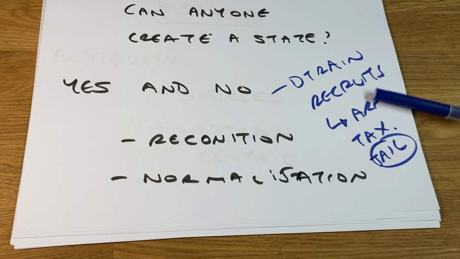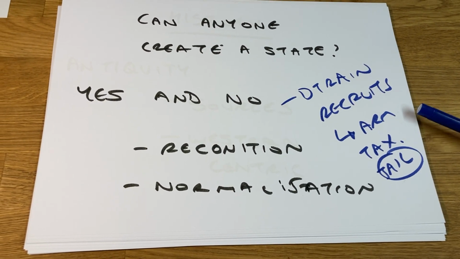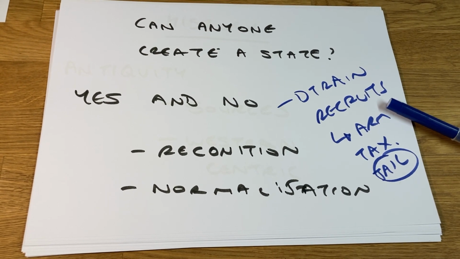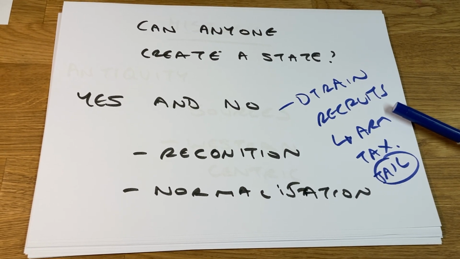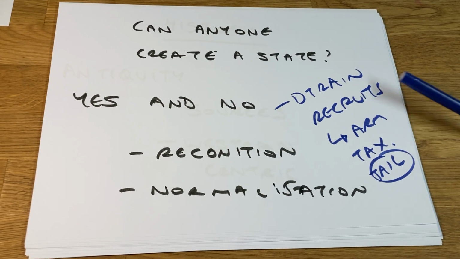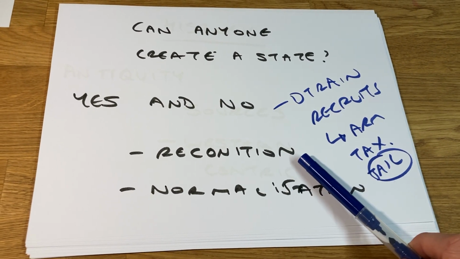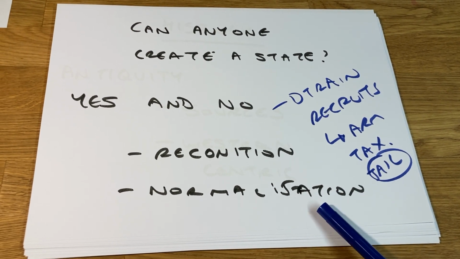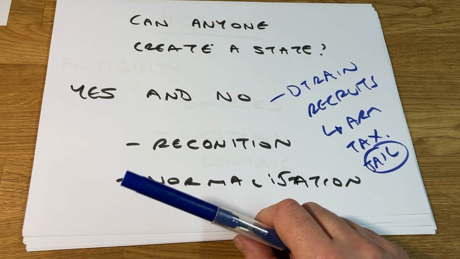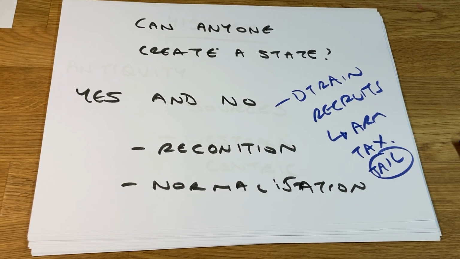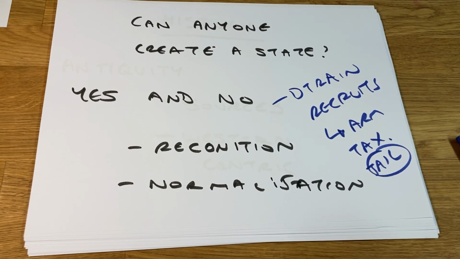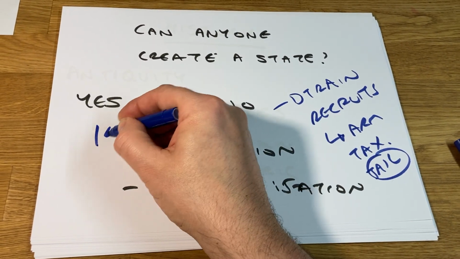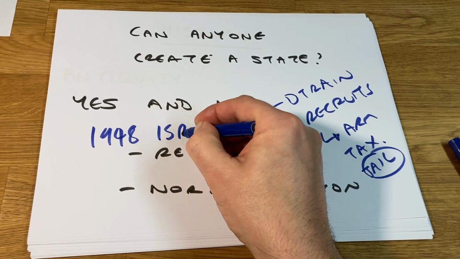Unfortunately, when you try and create your own state, you quickly find that you do not have the monopoly of the use of force, and the states that do exist will very quickly stamp your state out. You probably won't get international recognition, and even if you get international recognition, you won't get what's called normalization of relations. Now, the best example of when a state has been created is 1948 and the creation of the State of Israel.